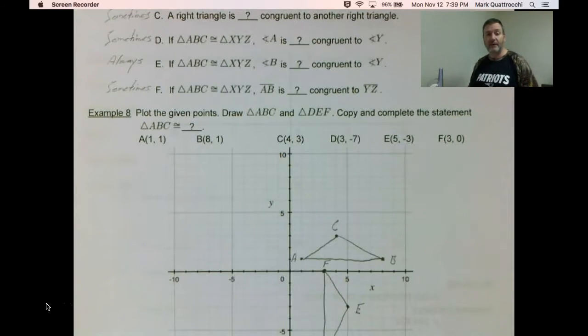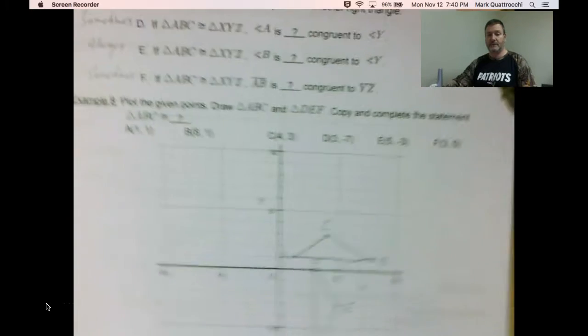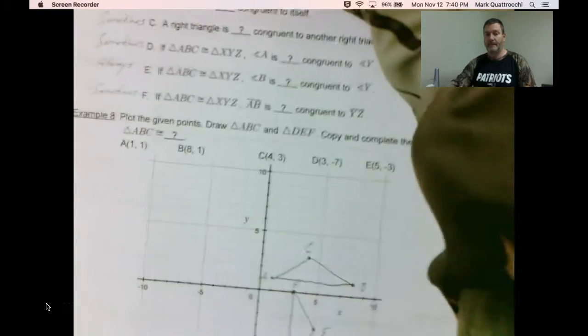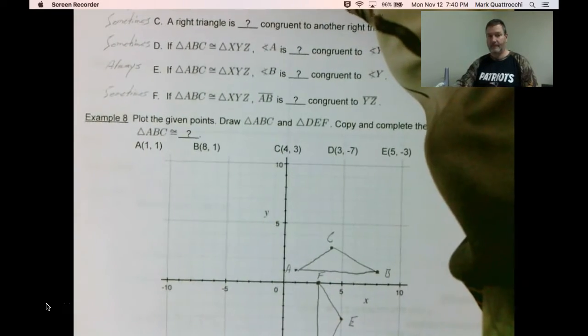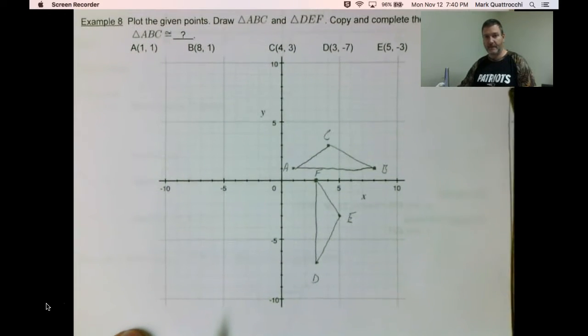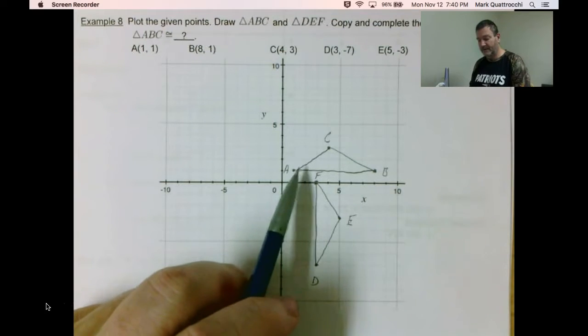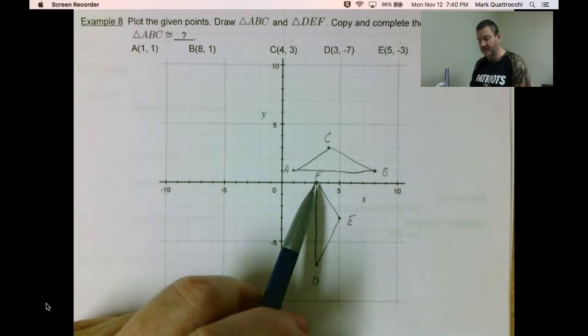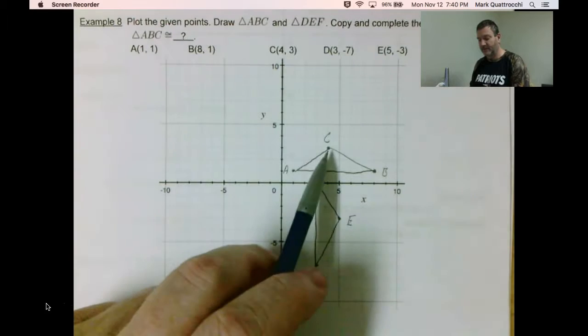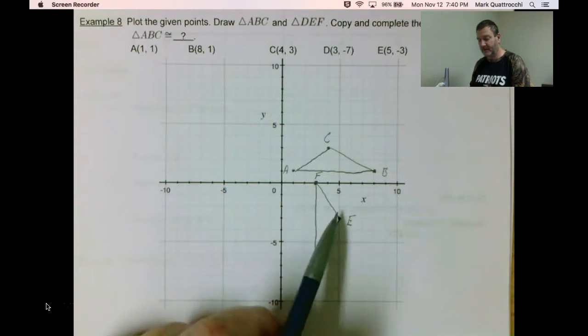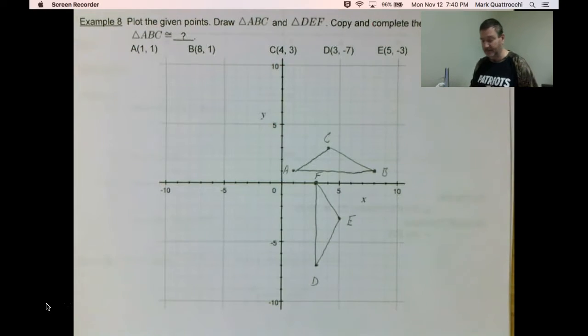So now we need to determine, off the screen a little bit here. That's better. Now we need to determine what vertex A matches up with, whether it's F, E, or D, what vertex B matches up with, and what vertex C matches up with.